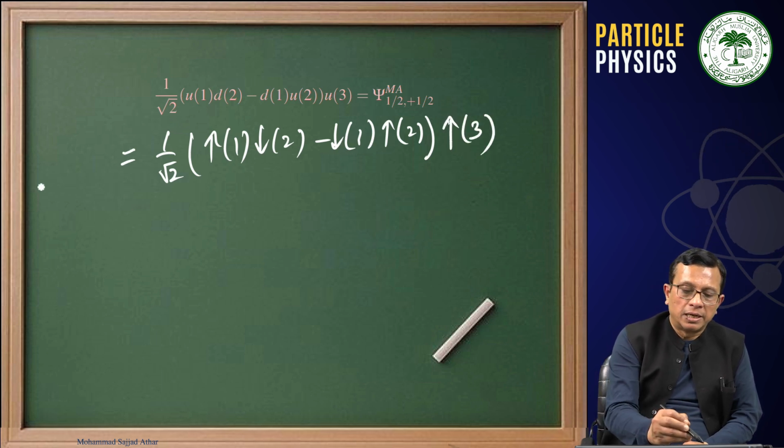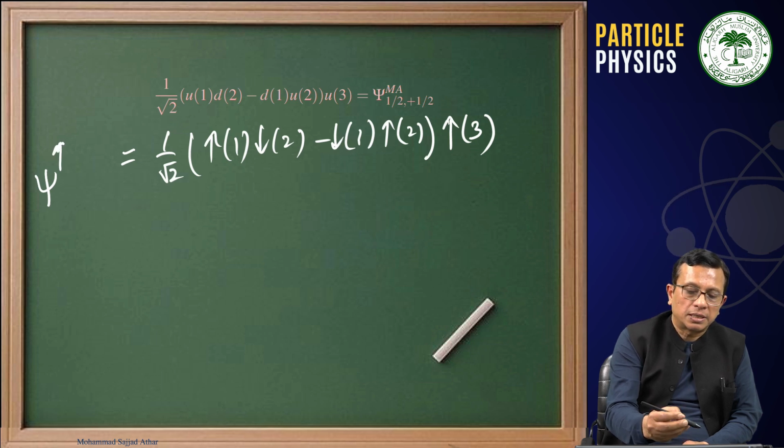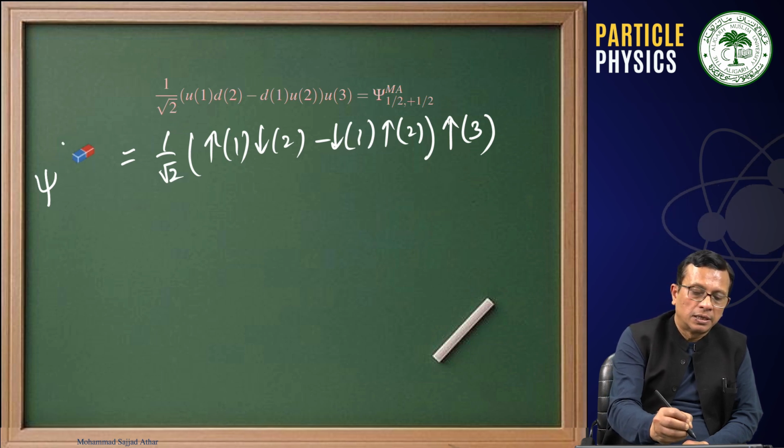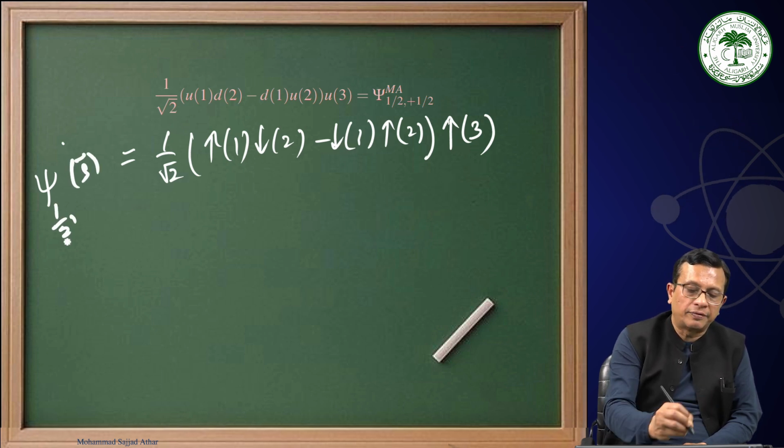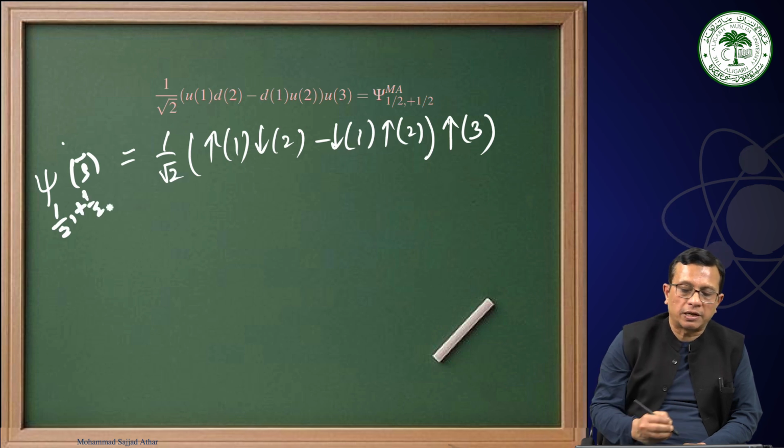This will be the spin wave function of a baryon whose spin is half and whose projection is plus half.